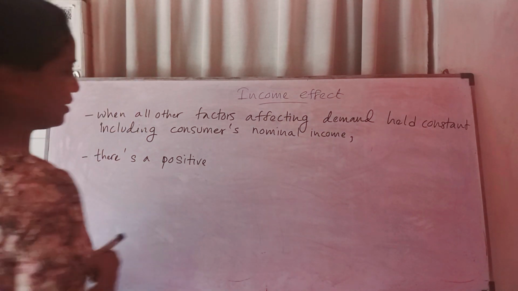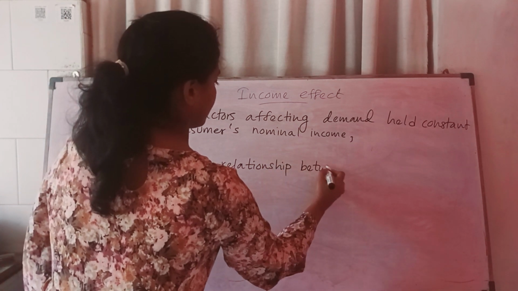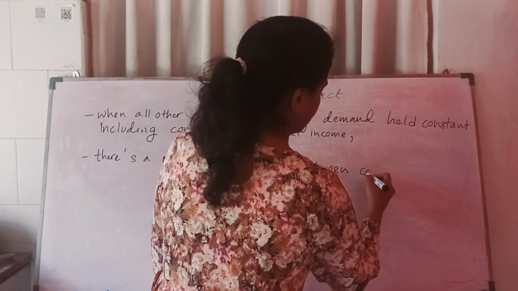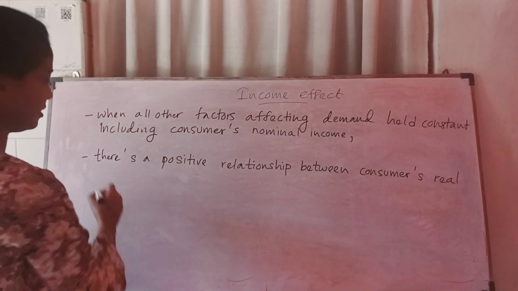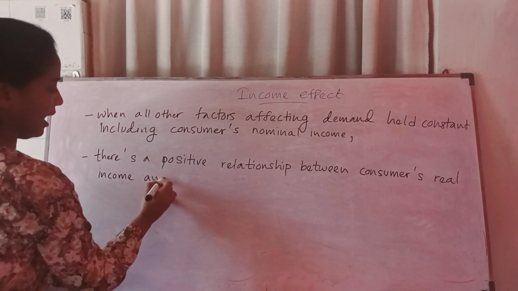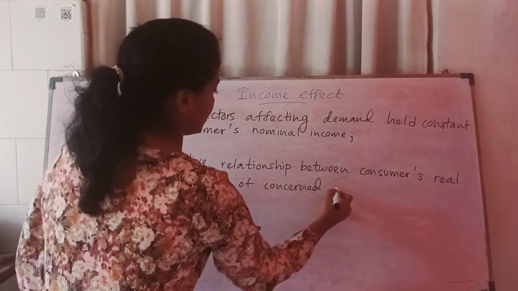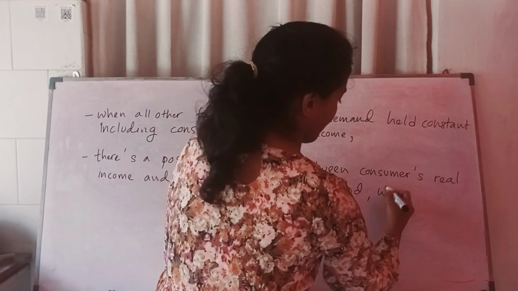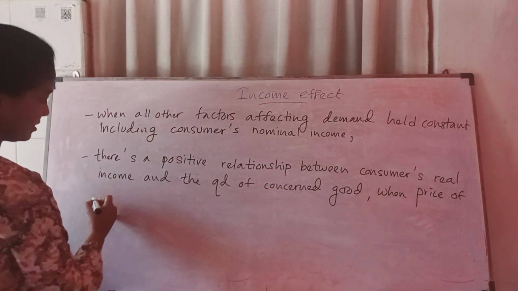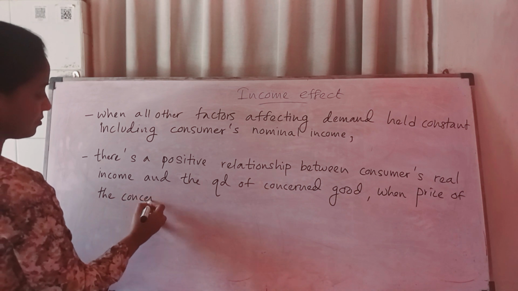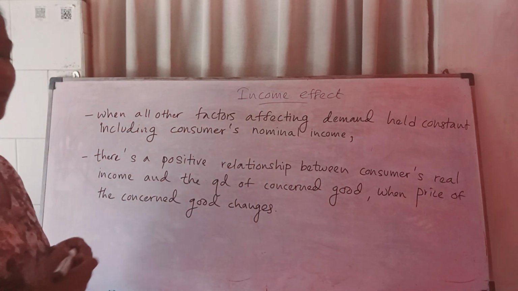Positive relationship between consumers' real income or the purchasing power and the quantity demand of the concerned good, when the price of the concerned good changes. This is the meaning of income effect.